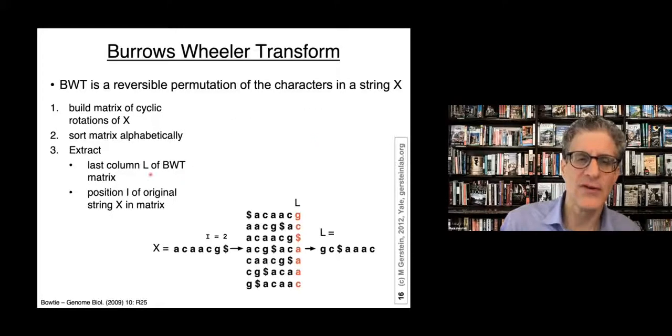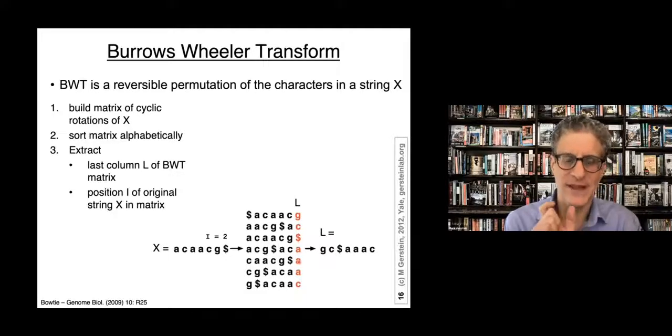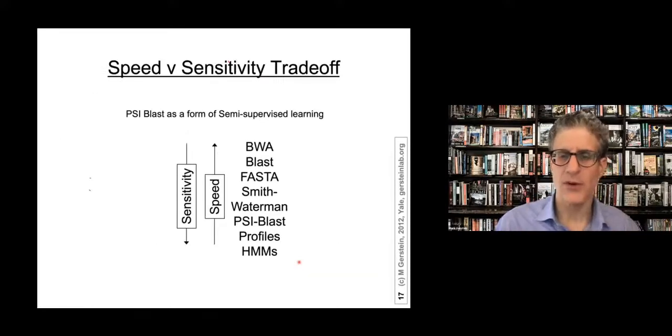And then you take the last column from this, and you're going to make another sequence from that, and you'll use that in the matching. Now, like I said, I'm not explaining this in detail. I just want to give you a sense of the gymnastics that you're going through. It's a little bit more complicated than what we started with. So in any case, that's what happens with your Burrows-Wheeler transform.